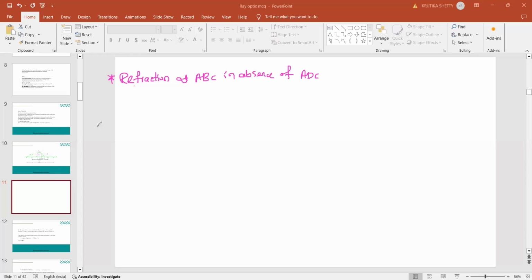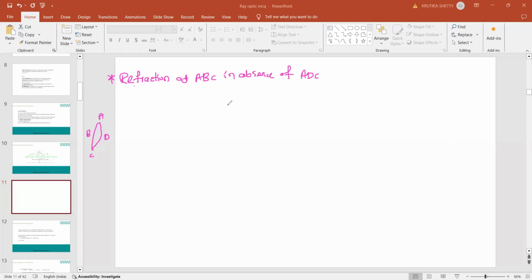So here, this is the lens. This is A, this is B, C, and here it is D. Here first we are considering refraction at ABC in absence of ADC, which means we are going to consider the first part of the spherical surface.